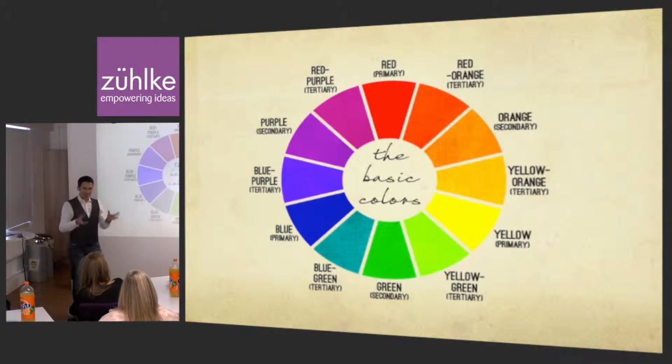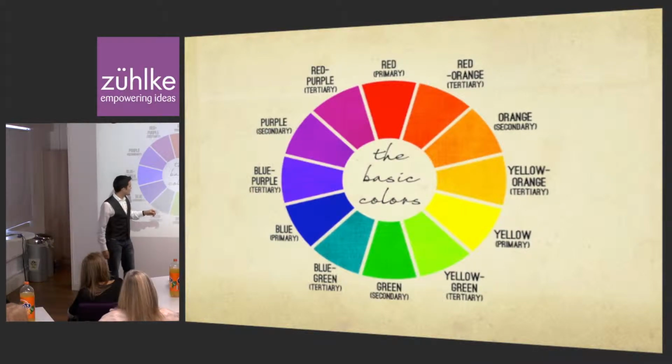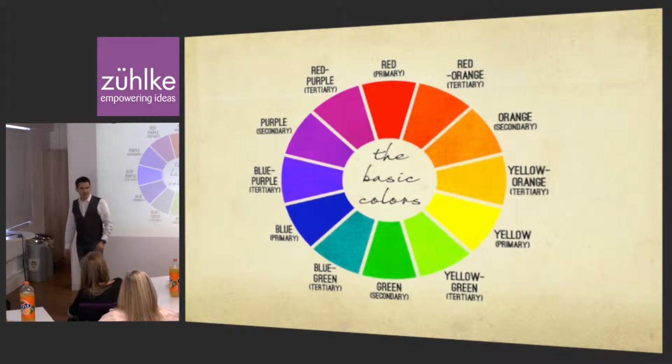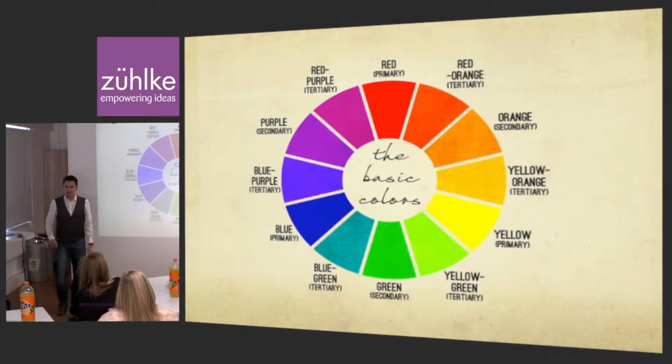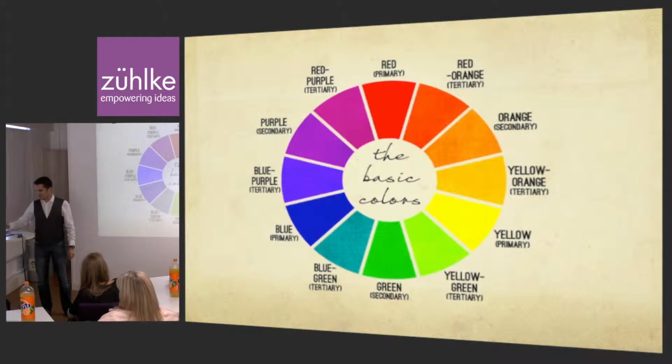So this way of colors coming out of one another is the basic of the color circle. To make decisions on which colors we should pick, we should reference that circle and ask which ones work together.